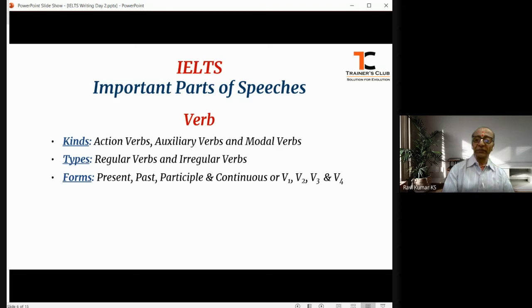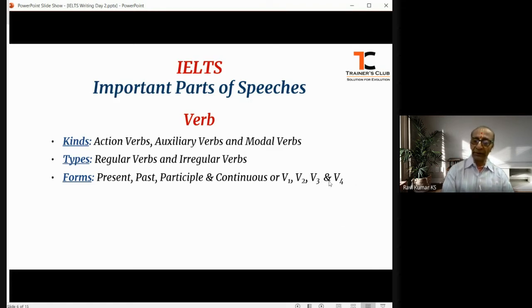So, what we call V1, V2, V3, and V4. Present is V1, past is V2, participle is V3, and continuous is V4.